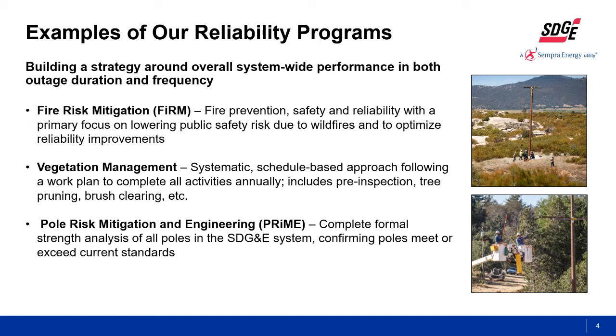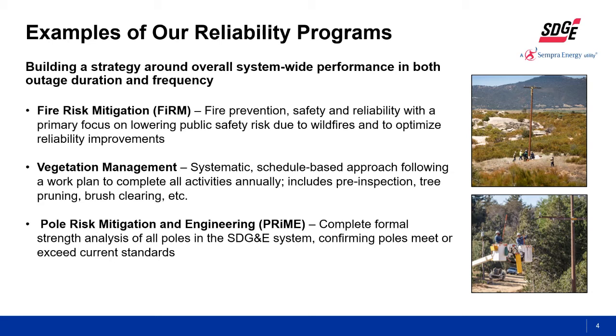A big part of the FIRM program is replacing the older wood poles with steel poles. At the same time, we take the smaller conductors that may have been in service for some number of decades, and we replace them with larger conductors for a higher level of tensile strength, better performance, and better ability to carry additional loads when the need arises.